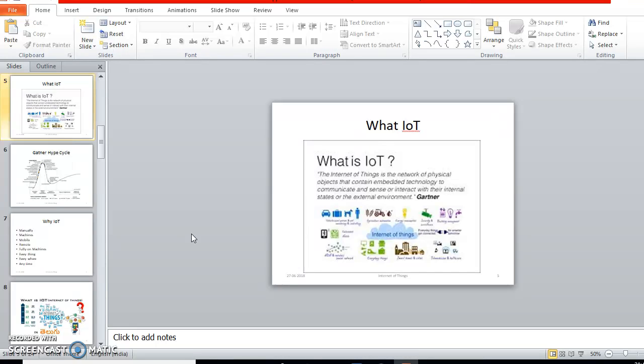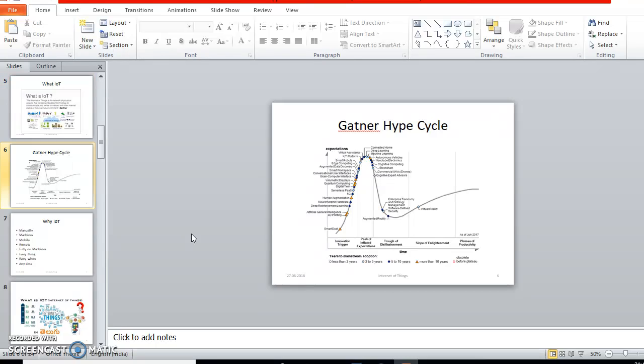Here, a thing is an object, as said by Gartner. Gartner predicts future technologies. It's the Gartner hype cycle, a bell curve. The technology at the tip of the curve is the current technology. That's why IoT has been playing a major role for a decade.